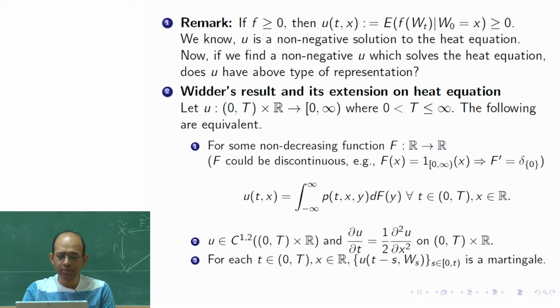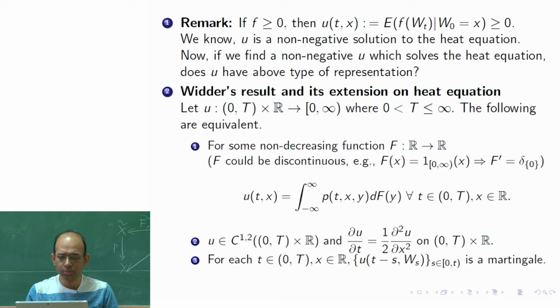And this process, with s as the time index, when t is fixed, is a martingale. u of t minus s, W_s is a martingale.